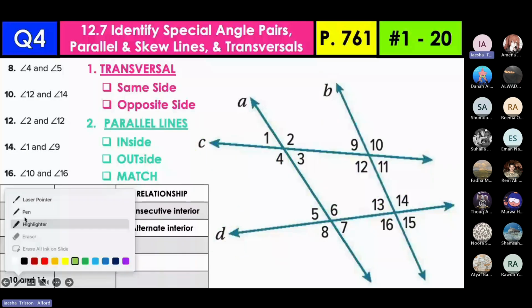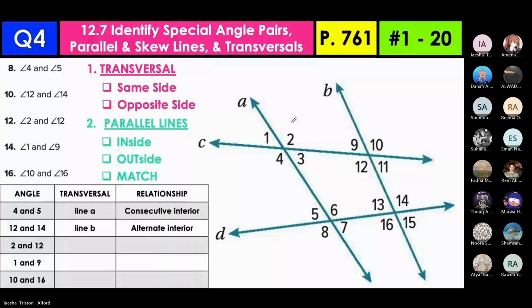Two and 12. What's your transversal? It's going to be C. Alternate interior. What should be your parallel? They have opposite sides.